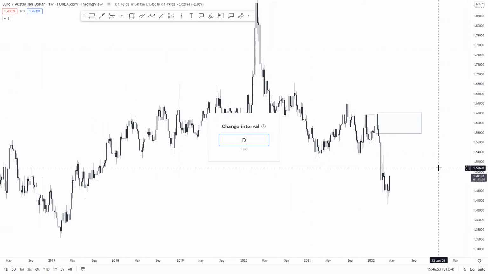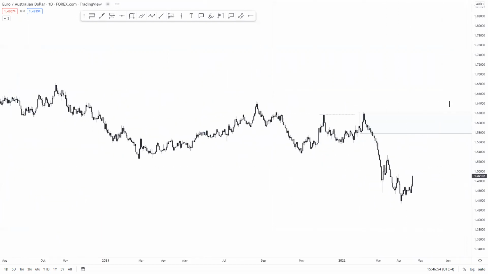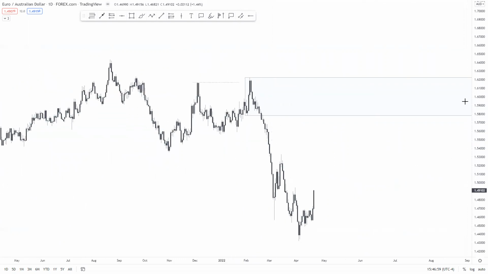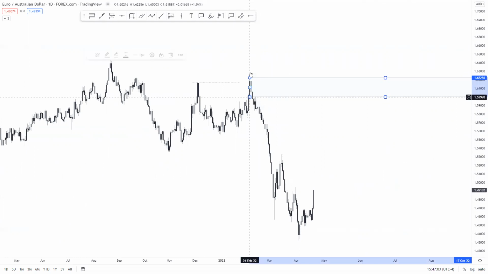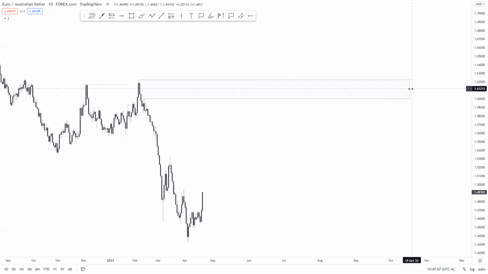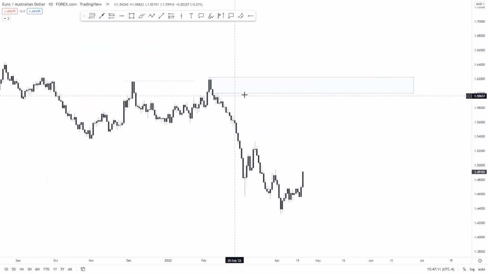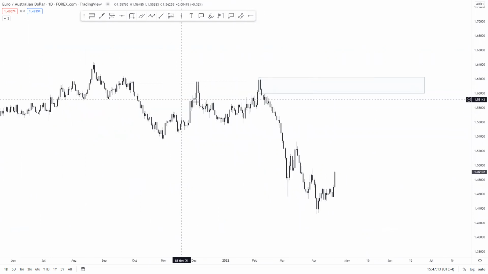And if we go ahead and drop down to the daily, we have now broken structure. And what I want to show you here as well is that we can refine our area to just this candle here. So we can trade back up into this candle potentially. We did sweep all these highs.